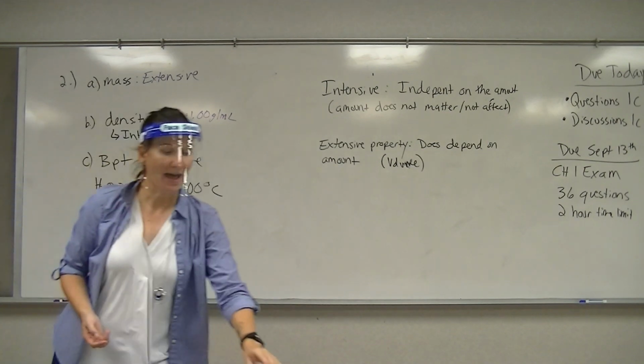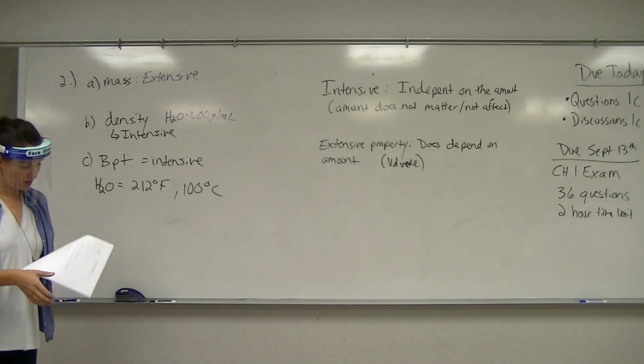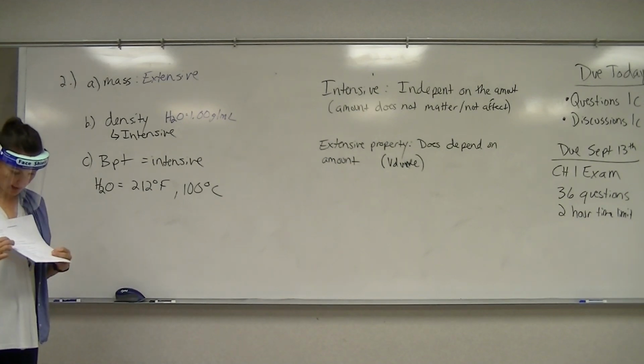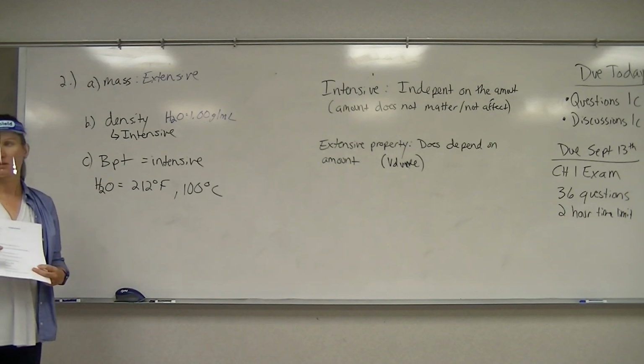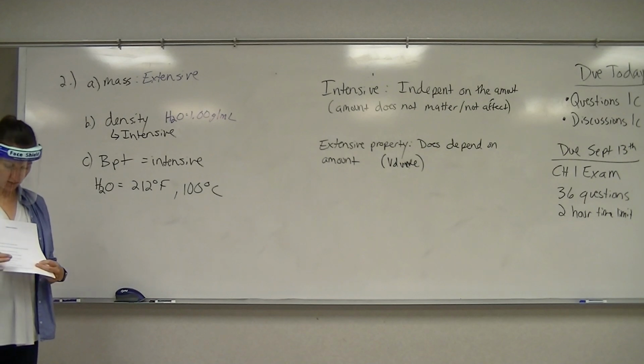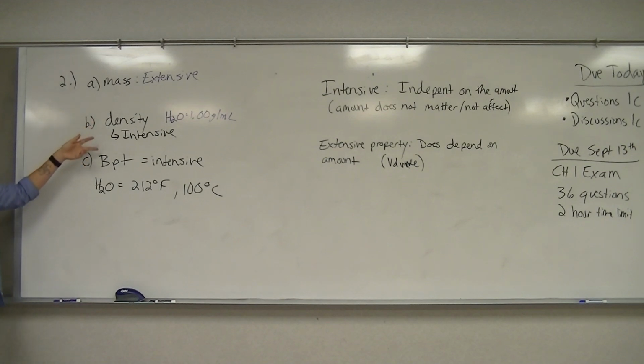And on the review packet, the big thick one, looking way down at the definitions, like 6, 7, 8, 9, I do give some examples in parentheses after those. So for instance, intensive, we just talked about density and boiling point, they're both intensive. So while you're giving your definitions there, you could write some extra examples too to help you once the exam comes.